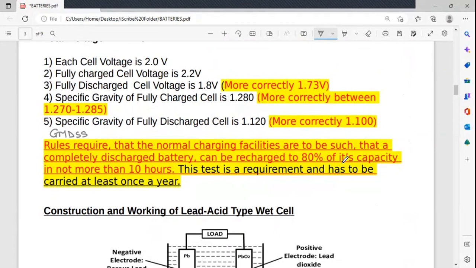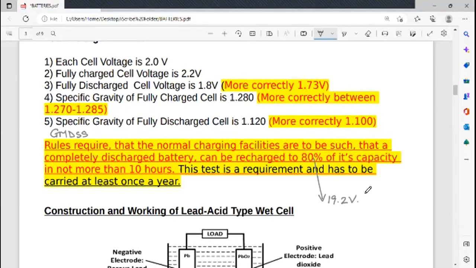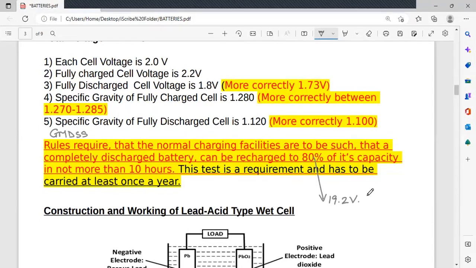Let's calculate. 24 into 80%, that is 19.2 volts. So this should be 19.2 volts, in not more than 10 hours. So all the cells of the battery have discharged to 1.8 volts, as we saw.